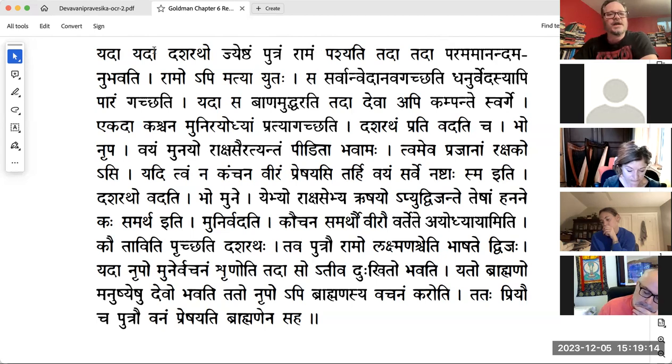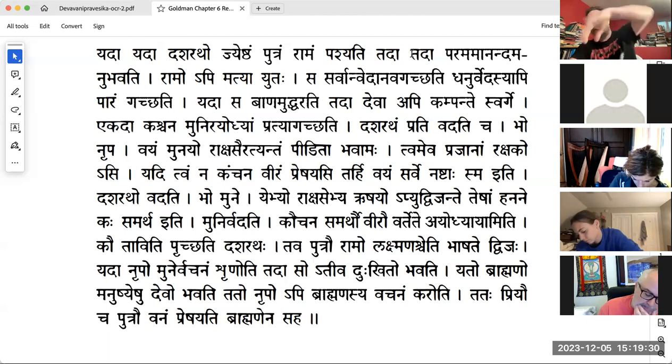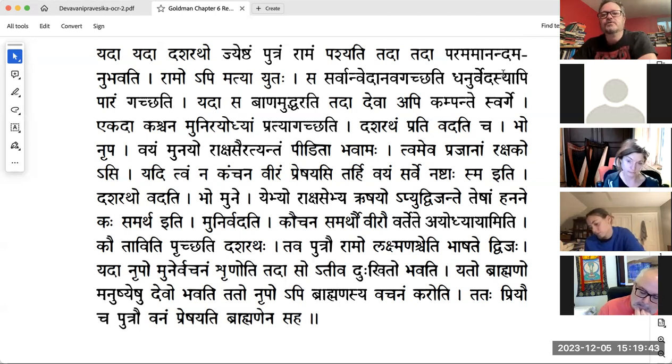Whenever Dasharata sees the eldest son Rama, then, you don't need to say "then", it just helps me in my head. Then, because the when in English carries it all across to make it general and indefinite. Then he feels. Who feels? Dasharata feels anandam, bliss. Paramam, because they agree, is an adjective. He feels supreme bliss, or bliss which is supreme.